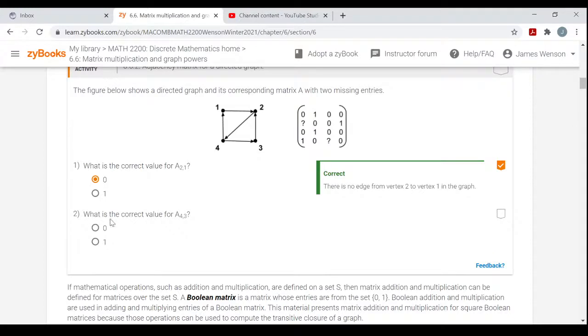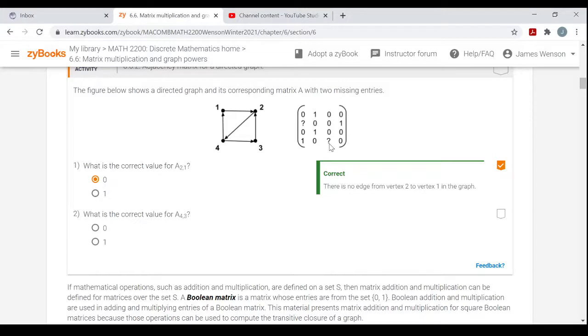And what is the correct value for matrix A in position 4, 3? That's fourth row, third column. That's this other question mark in the fourth row here, third column. So again, it's a 0 if there isn't an edge, and it's a 1 if there is an edge from 4 to 3. Well, look at the graph. There is an edge from vertex 4 to vertex 3.